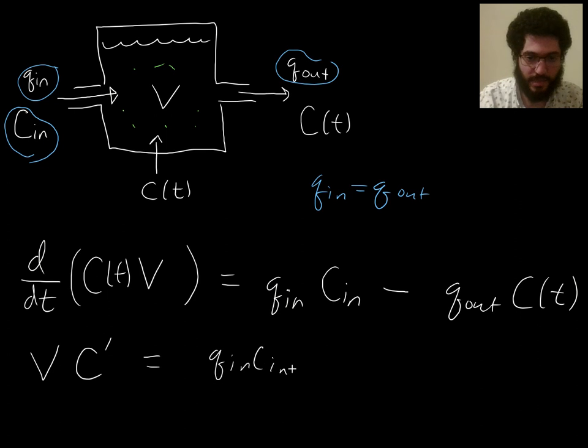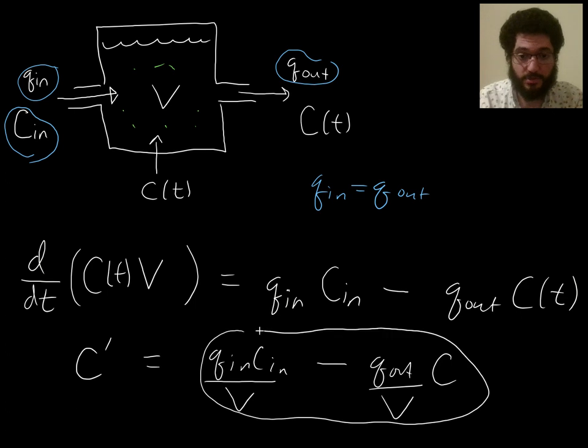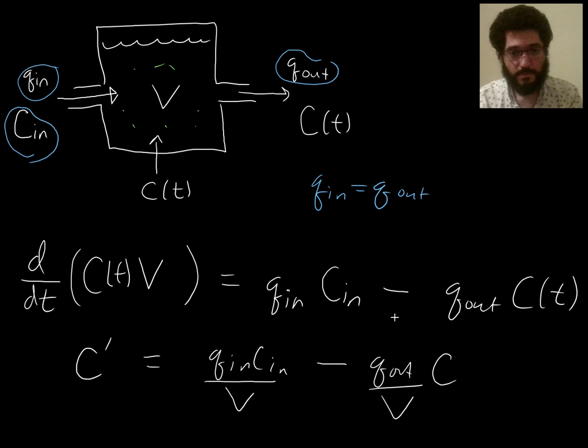Q in C in, that's now a constant, minus Q out C. And so let me divide both sides by V. So here I have a constant, here I have a constant times C. It's separable, right? In fact, it's already separated. I just need to divide both sides by this thing, which is a function of C alone and not explicitly a function of t.